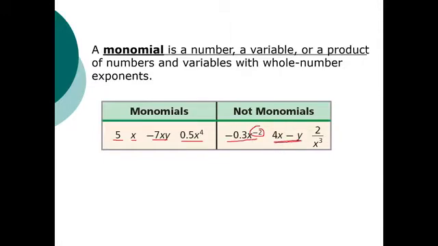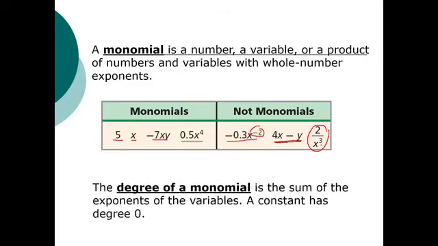This is not a monomial because it has 2 terms. A monomial only has 1 term. This isn't a monomial because there is a variable in the denominator. So the degree of a monomial is the sum of the exponents of the variable. A constant has a degree 0.